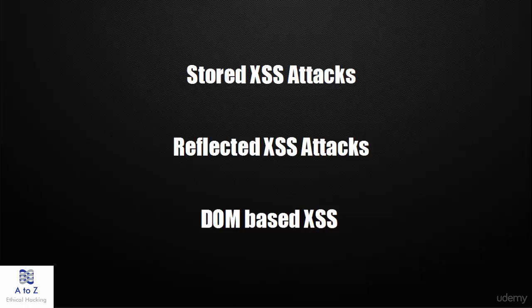For example, the source where the malicious data is read could be the URL of the page, for example document.location, or it could be an element of the HTML, and the sink is a sensitive method call that causes the execution of malicious data.